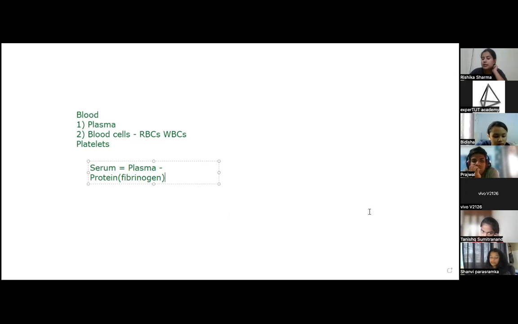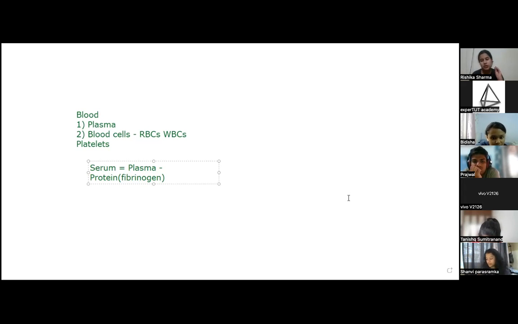Any problem in this? Ma'am, when you said the protein that's there in the serum, do you have to mention that it's in the serum, or is the protein separate from the serum? This protein is present in the blood, but when you remove this protein from the plasma, then the liquid that remains is known as serum.